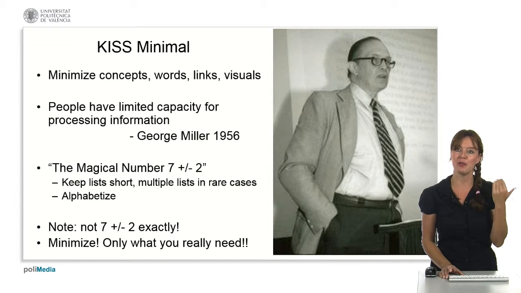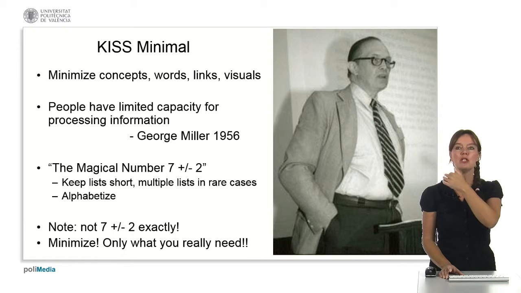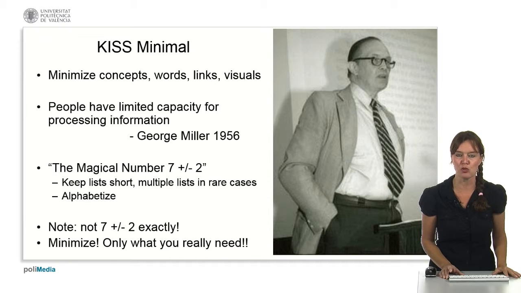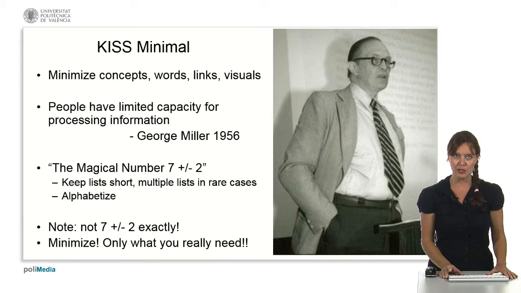And we should alphabetize, so that people don't have to search, but can just look according to one order in the alphabet. Note that the 7 plus or minus 2 is not exactly to be applied. It's not that everything on your site should be 7 plus or minus 2. It's just to make clear that you should minimize to only what you really need.